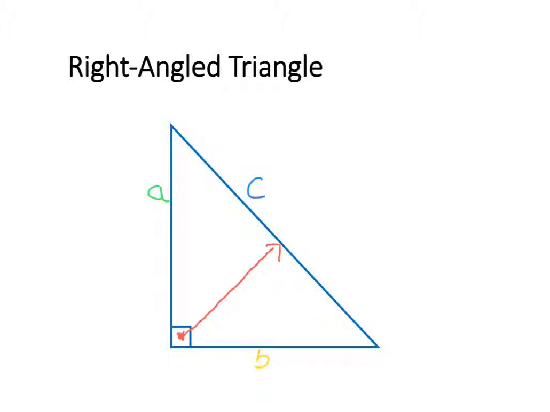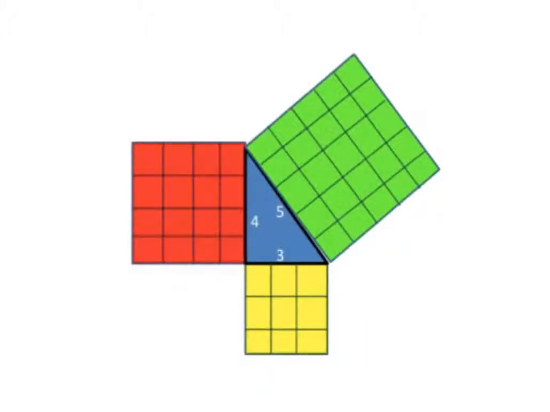So now let's have a look at what is Pythagoras theory, now that I know my right angle triangle and the three sides. Pythagoras theory relates to the squares on each of the sides of the triangle that I can form based on the length. So in the example, I've got a right angle triangle, and one side is 3, one side is 4, and my hypotenuse side is 5.